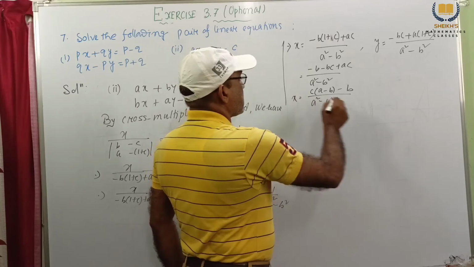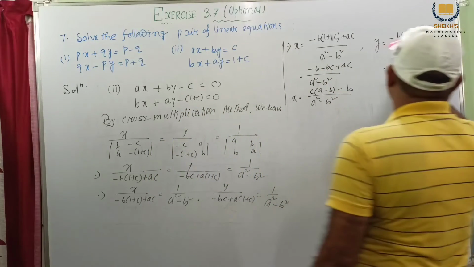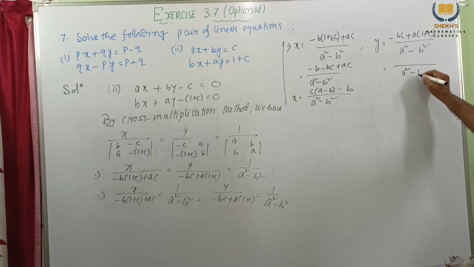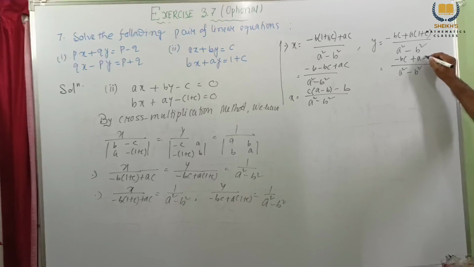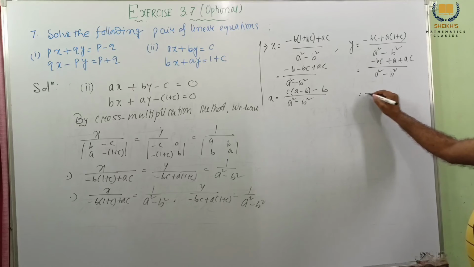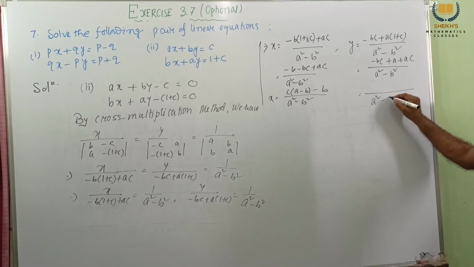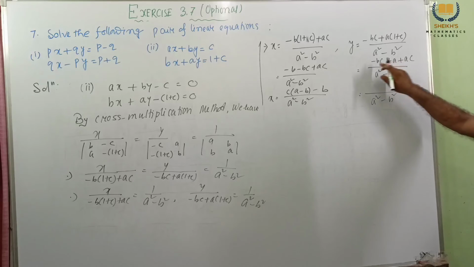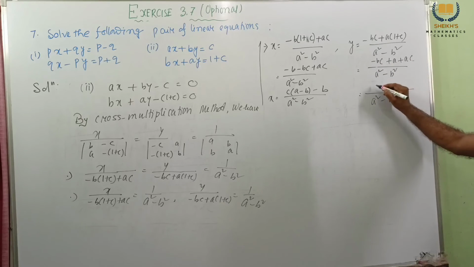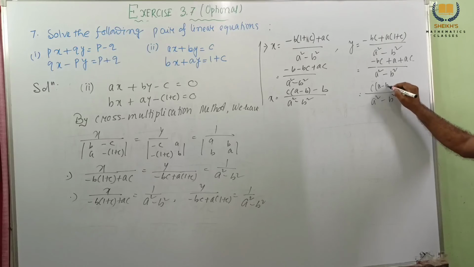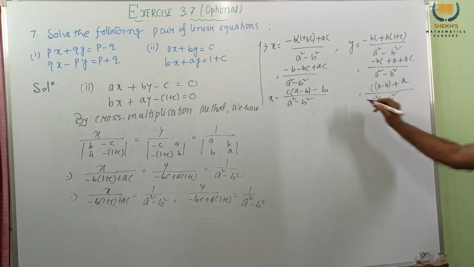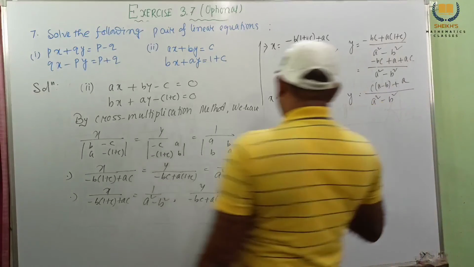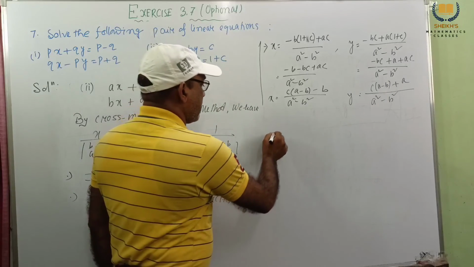This is our x. And here also we can write a square minus b square, minus bc plus a plus ac, and the denominator a square minus b square remains the same. From this and this, first and last, taking c common, we get a minus b plus a. This is our y.